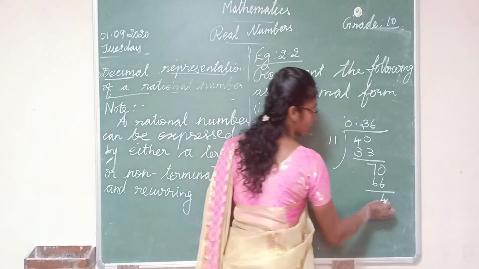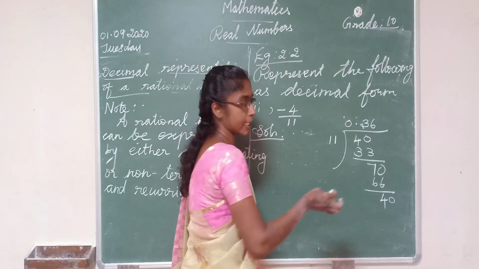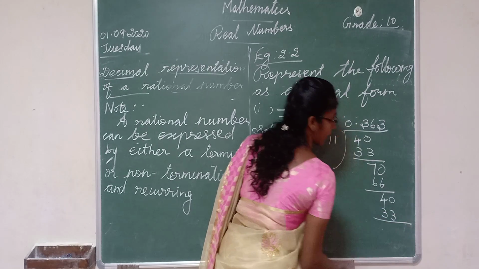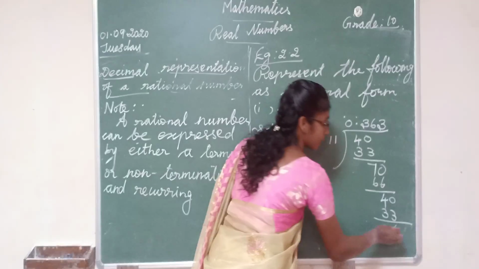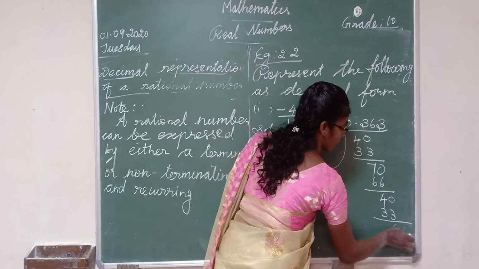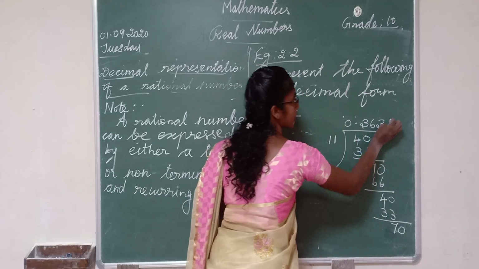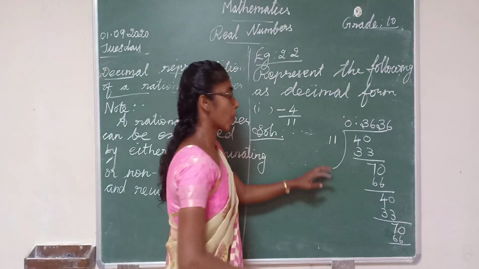Next, here also 0, right? Again, what will we get? 3 times 11, 33. Next, again, 7 balance. Next is 0. Next is 6 times 11, 66. It is going on.